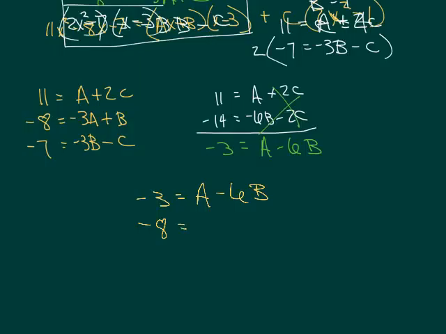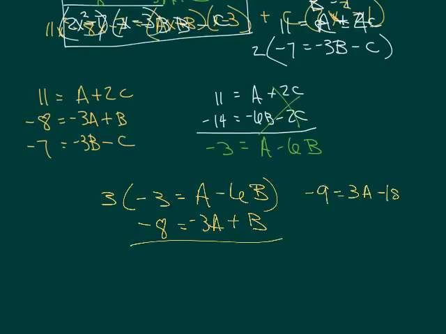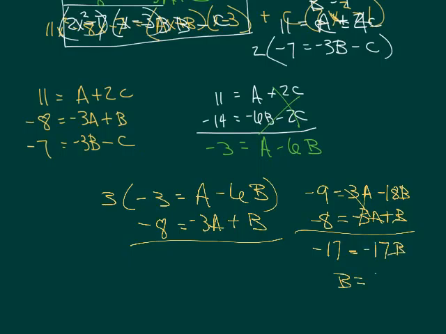Negative 8 equals negative 3a plus b. And I'm going to add those together, so I'm going to multiply this one by a positive 3. So then I get negative 9 equals 3a minus 18b, and this will stay the same, negative 3a plus b. Add these together, negative 17, those go away, equals negative 17b, so my b equals 1.